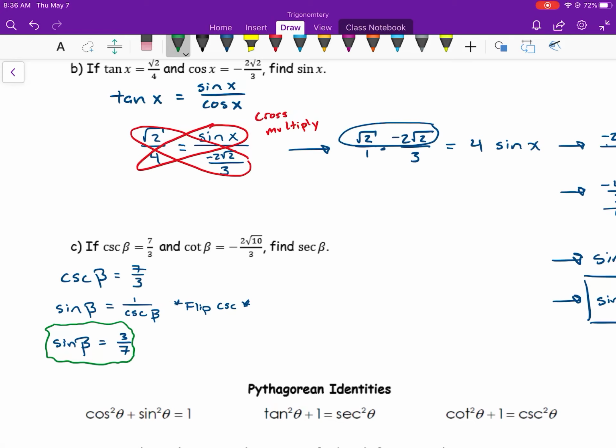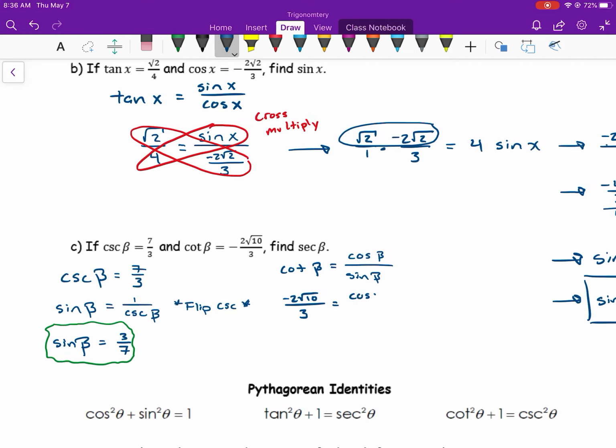I'm going to circle this in a different color because we're going to come back to that, we need that. And then we know that cotangent of beta is x over y, so it's cosine of beta over sine of beta. Okay, so we know cotangent is negative 2 root 10 over 3.